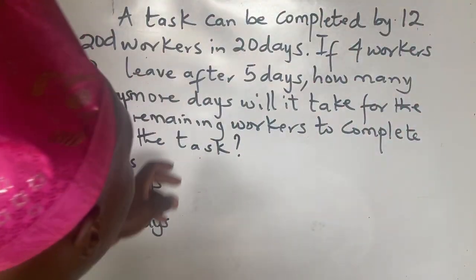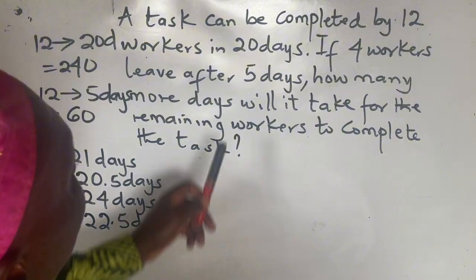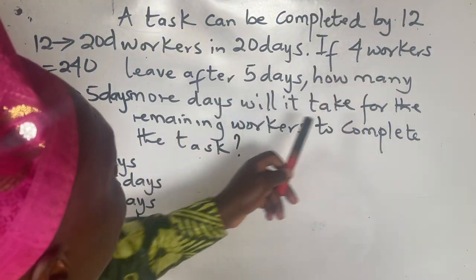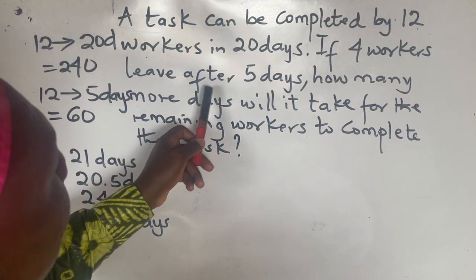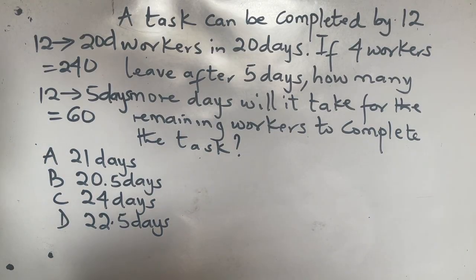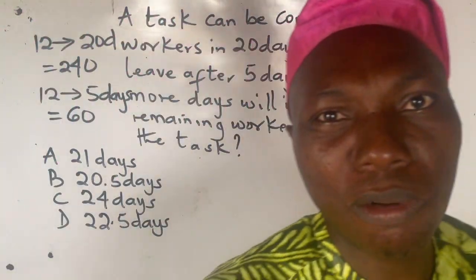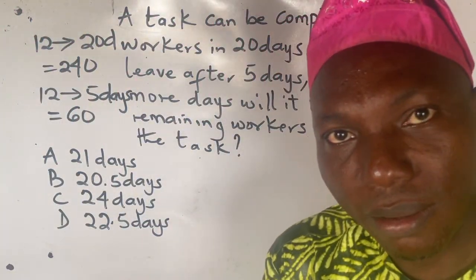A task can be completed by 12 workers in 20 days. If 4 workers leave after 5 days, the 12 of them have worked for 5 days. So we need to know the remaining number of days left.